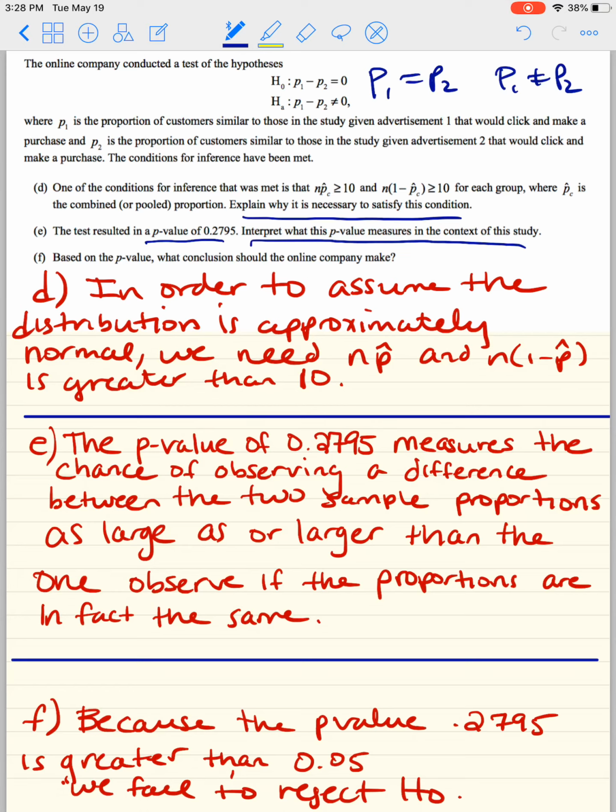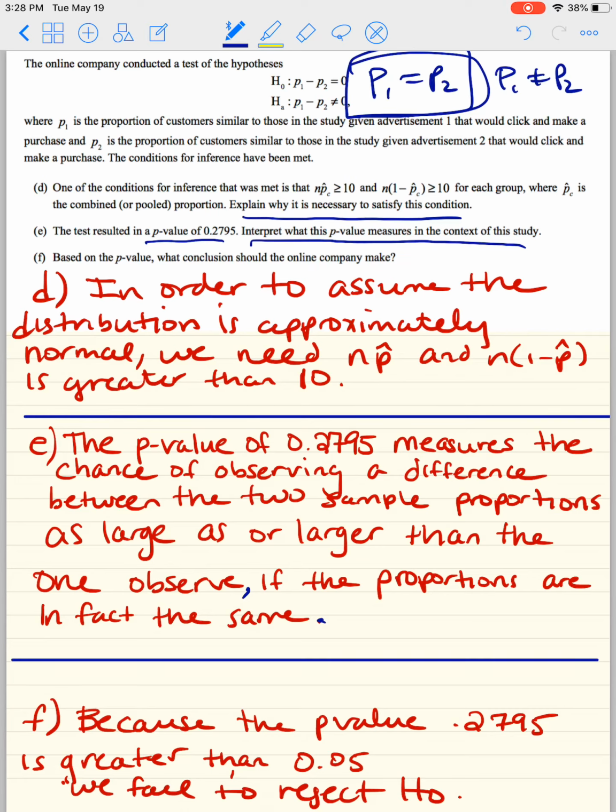So let's look at what I wrote here. I wrote the p-value of 0.2795 measures the chance of observing a difference between the two sample proportions, okay, that's these two guys, as large as or larger than the one observed, assuming H0 is true. So if the proportions are in fact the same.